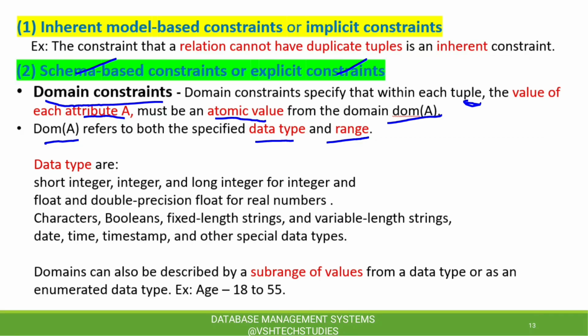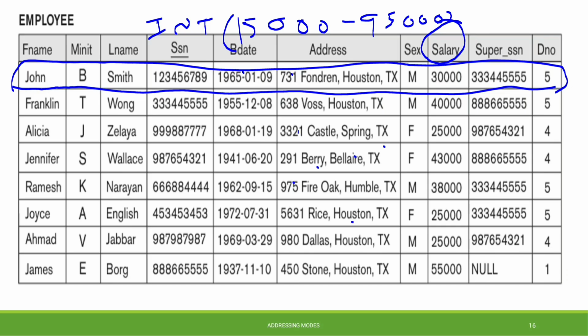The meaning of this is, for example, if you consider the employee relation, in that tuple 1, and the salary attribute. So the domain of the salary attribute, if the data type is int and the range mentioned is 15,000 to 95,000, then for any tuple, the salary value that the user enters, that is 30,000, must be of integer type only and must belong to this range.